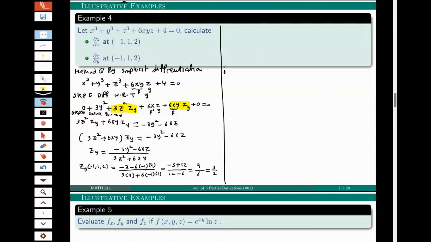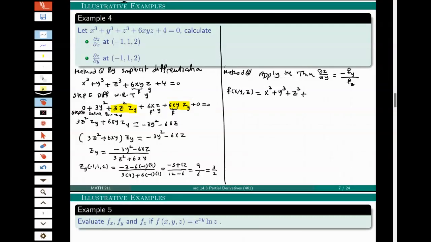Method 2, apply the theorem which says that partial z with respect to y is equivalent to negative f sub y divided by f sub z. So our function of x, y, z, where we take everything equal to 0, will be x cubed plus y cubed plus z cubed plus 6xyz plus 4.